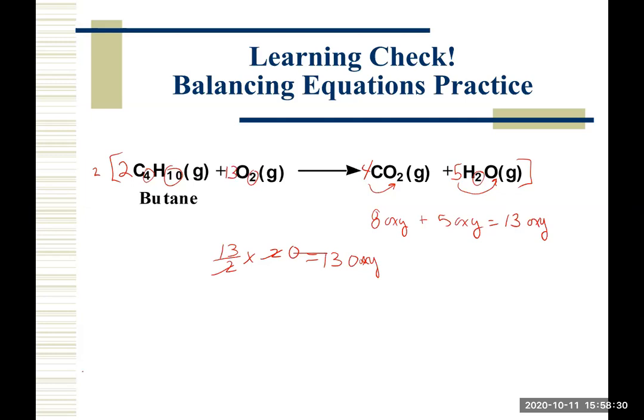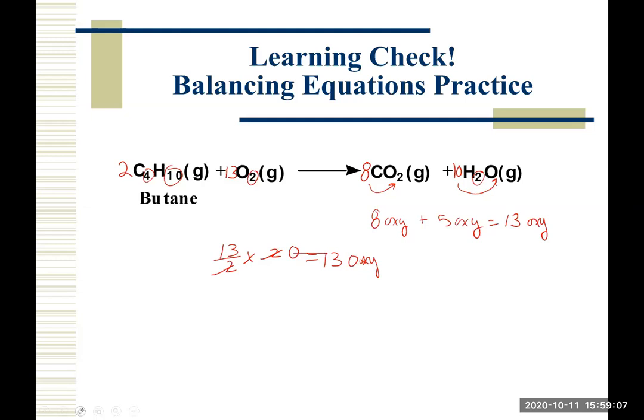And then if we multiply the 4 CO2s, we're going to get 2 times 4, which is a total of 8 CO2s. And then if we multiply the 5 H2Os, we end up with a total of 10 H2Os. So let's erase the 2 out in front because we're done with this process and the brackets.